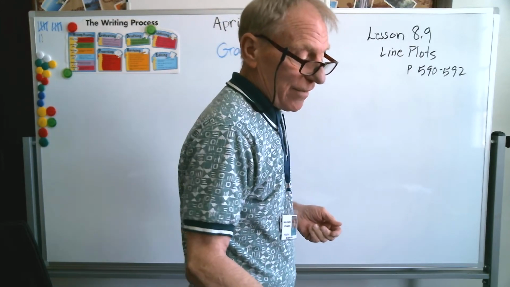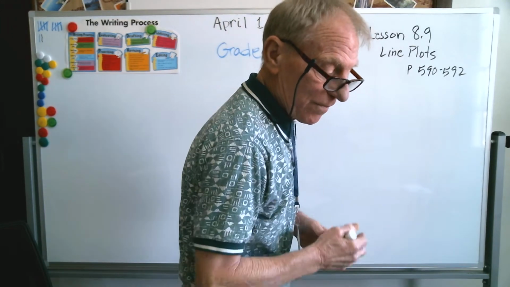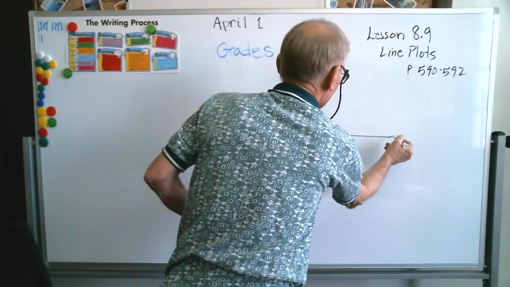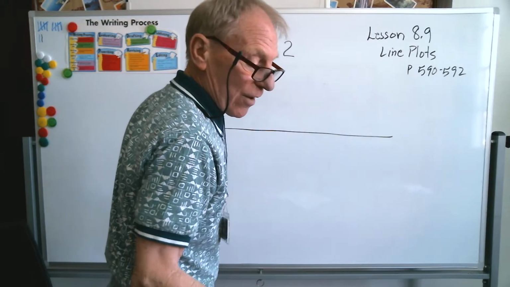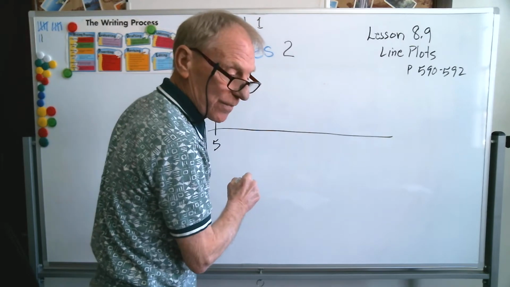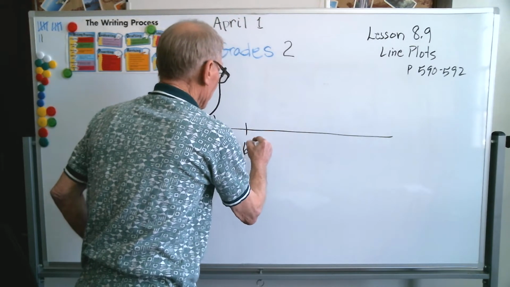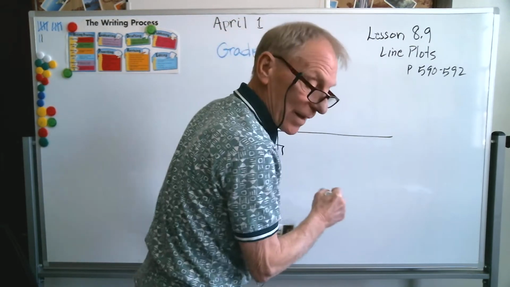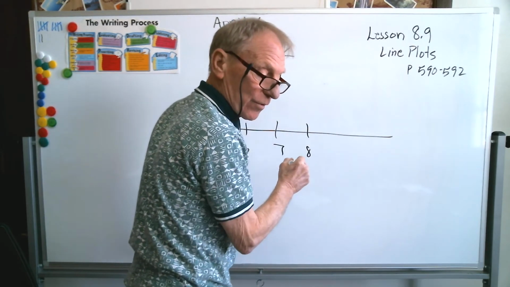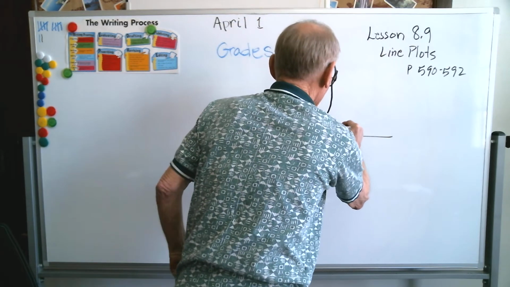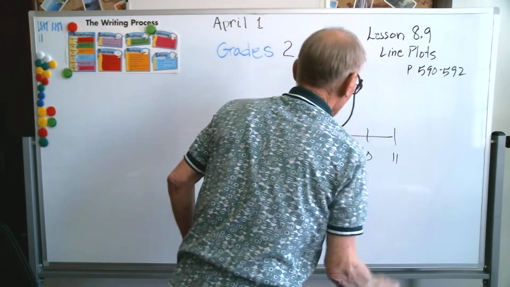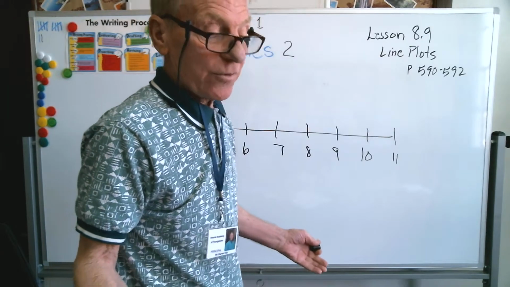The example that they give you in the book is you have 6 pencils, and those pencils are measured to see how long they are. Their line plot starts at 5 inches and it goes up in increments of 1 inch. That's how you define those values, and we go all the way up to 11. And there are 6 pencils.